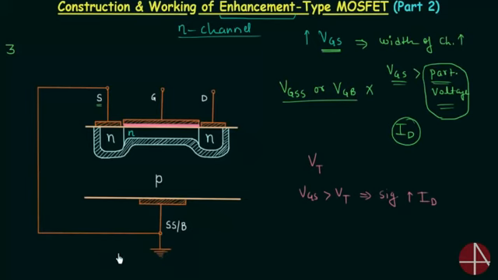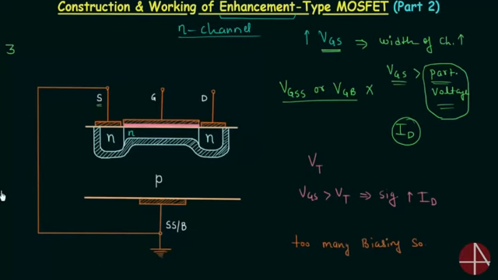Now what is the reason because of which we are connecting source and substrate together? We do not want too many biasing sources. I will write this down. We are connecting source and substrate. Now you can see the potential difference between source and substrate is equal to 0.